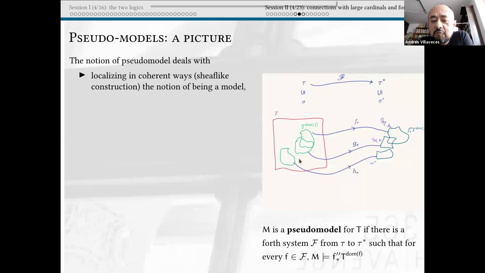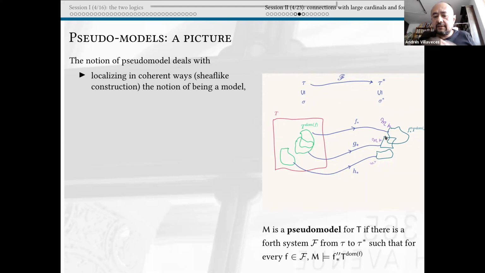But then you don't get a model of T, but you get what they call a filtered model or something like that, where anytime you take a small piece of the theory, and that's what they call T restricted to the domain of F, attached to sigma. So to sigma in the vocabulary, I attach in a natural way the sigma part of the theory. And then I have the map induced by some F from sigma to sigma star.